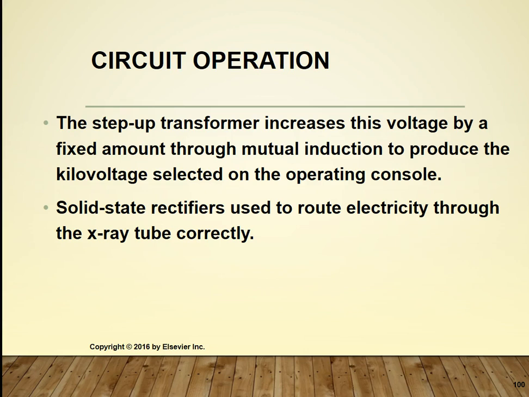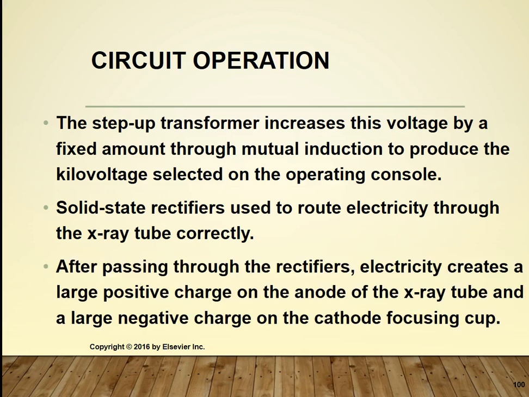These one-way valves route current from positive to negative and electrons from negative to positive. After passing through the rectifiers, electricity creates a large positive charge on the anode and a large negative charge on the cathode. Cathode has what? Focusing cup. Focusing cup is the part of the tube that surrounds the filaments.